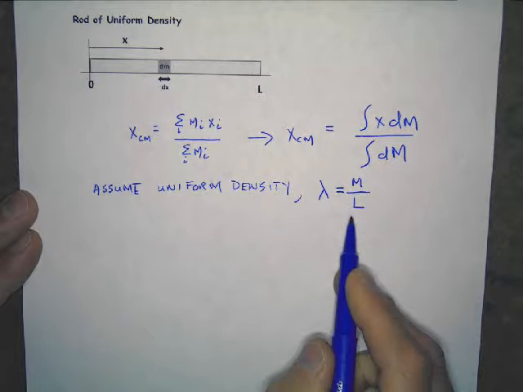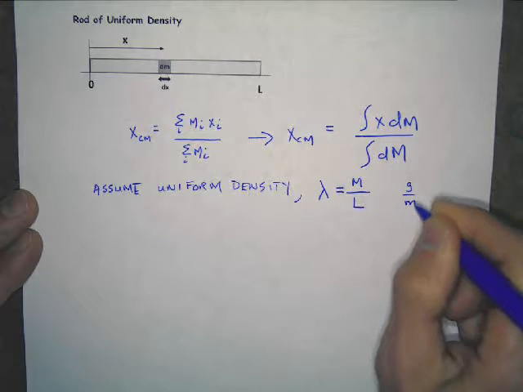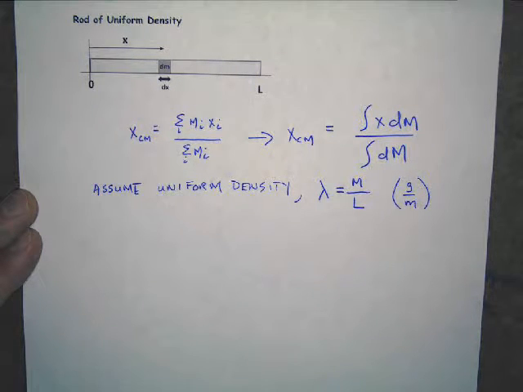If you think about this in terms of its units, lambda is going to be something in grams per meter, and it's telling you something about how the mass is distributed along the length of this rod.